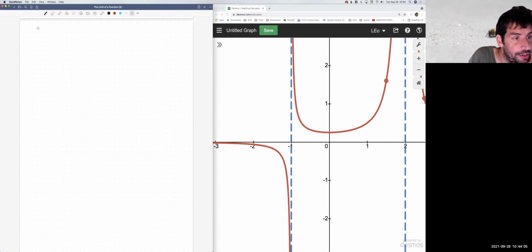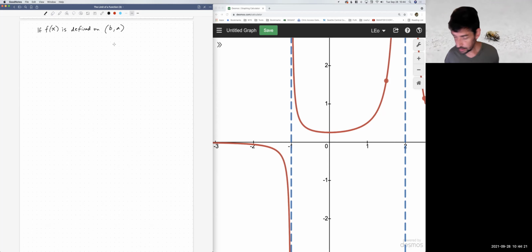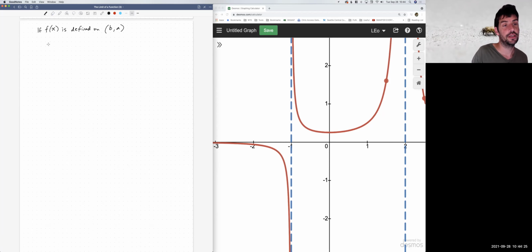So, let's write this as: suppose f of x is defined on AB.